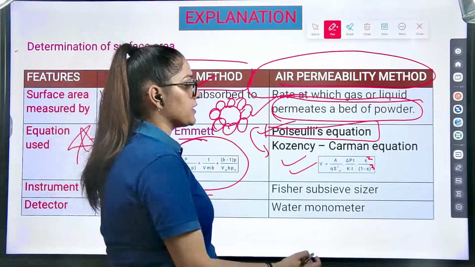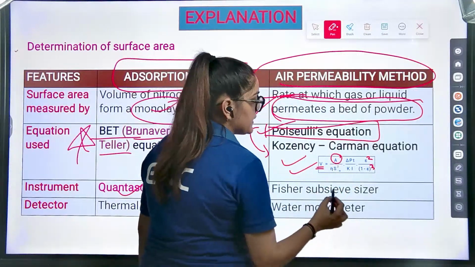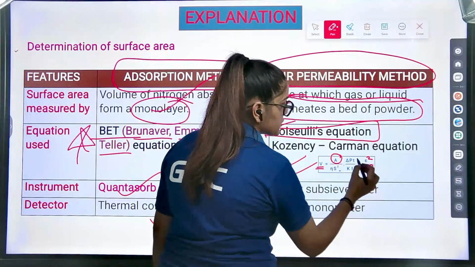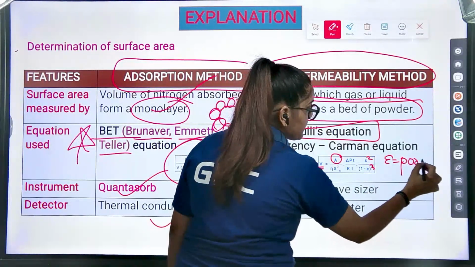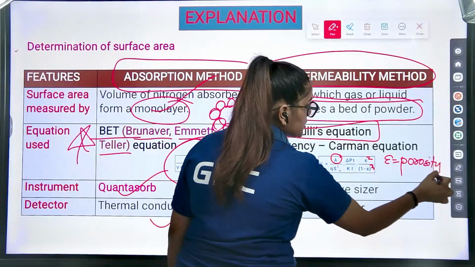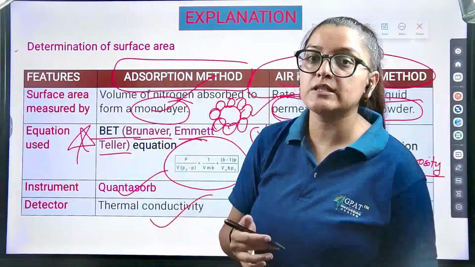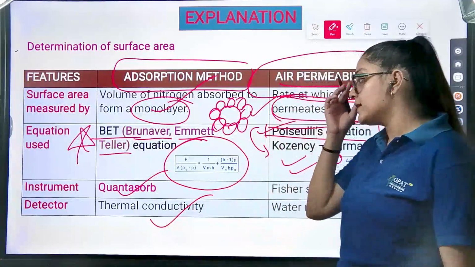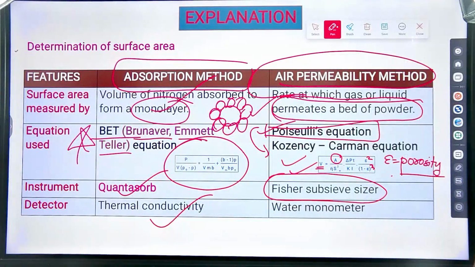So this is the velocity, this is the area, then we have the viscosity, pressure. This epsilon, definitely it is going to be the porosity, because the powders are packed in a way that estimation of the porosity, void volume will also be done. It is done using the Fisher Sub-Sieve Sizer instrument and a water manometer.